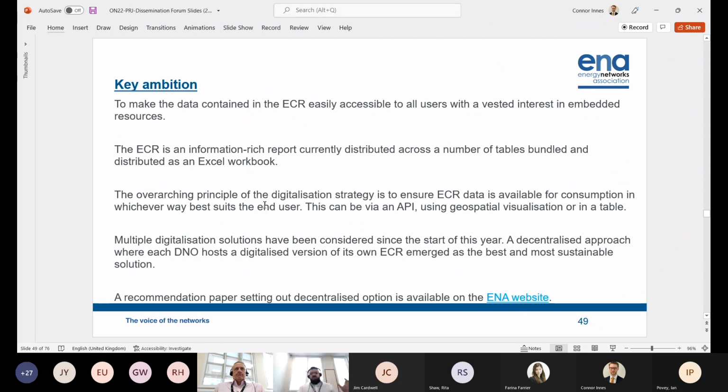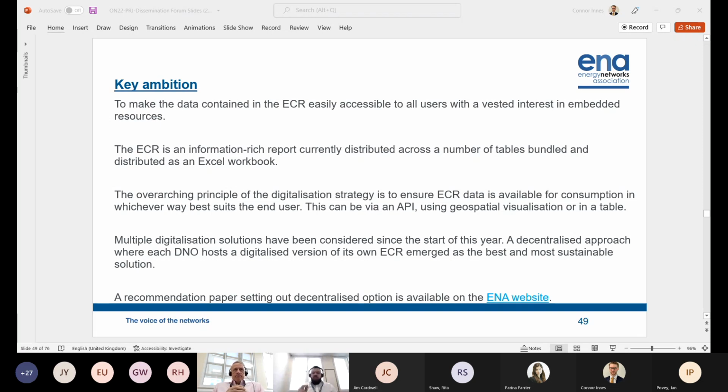So earlier this year, we worked through a number of digitalization solutions and considered the advantages and disadvantages of each one. A clear winner was the decentralized approach, whereby each DNO will host their own digitalized version of the ECR, which, from our point of view, is the most sustainable way to digitalize this information.